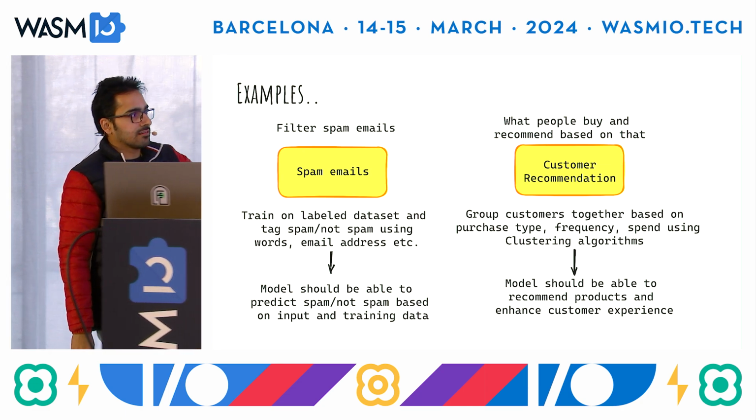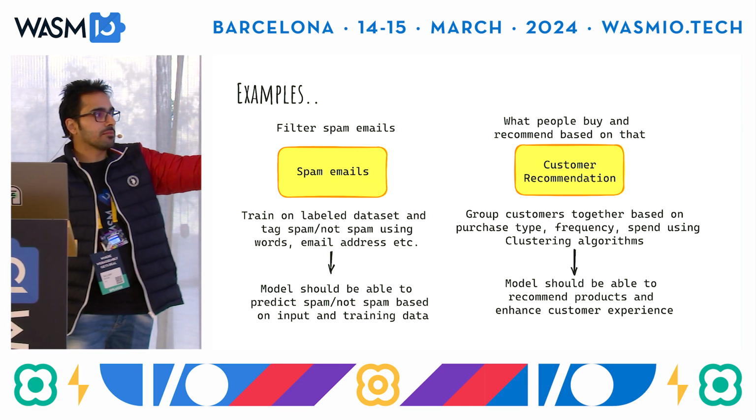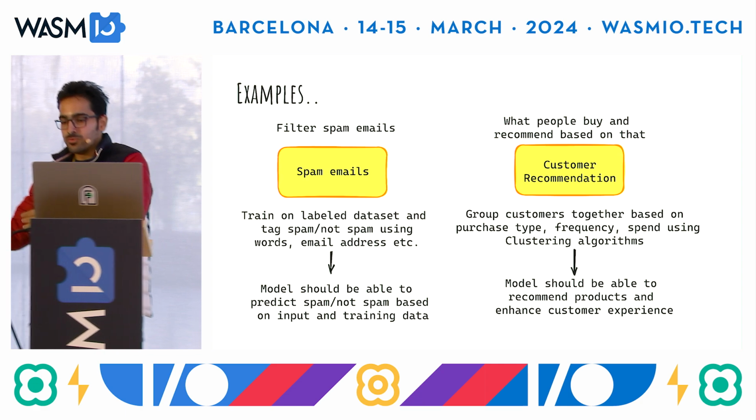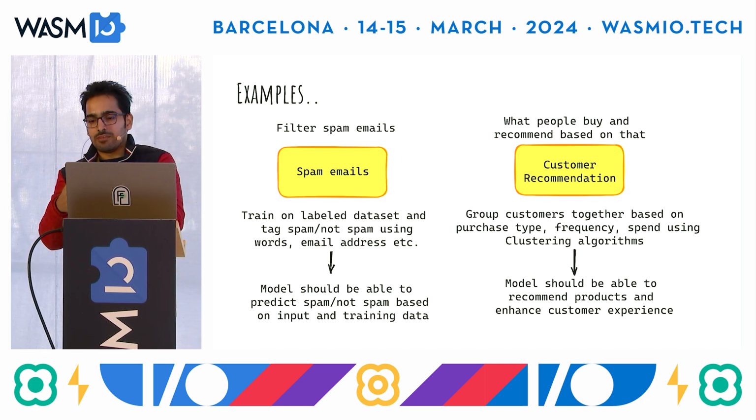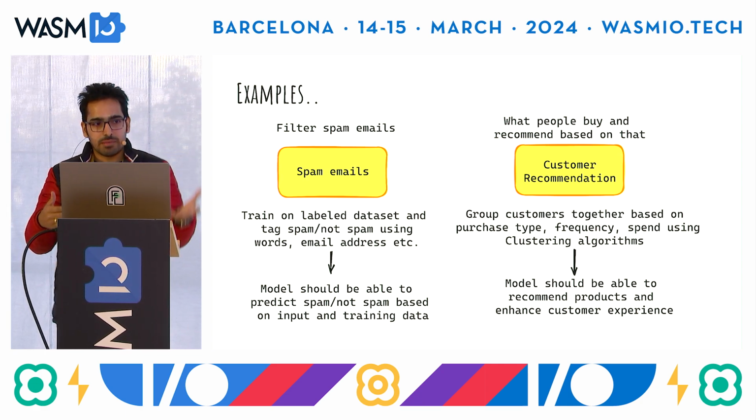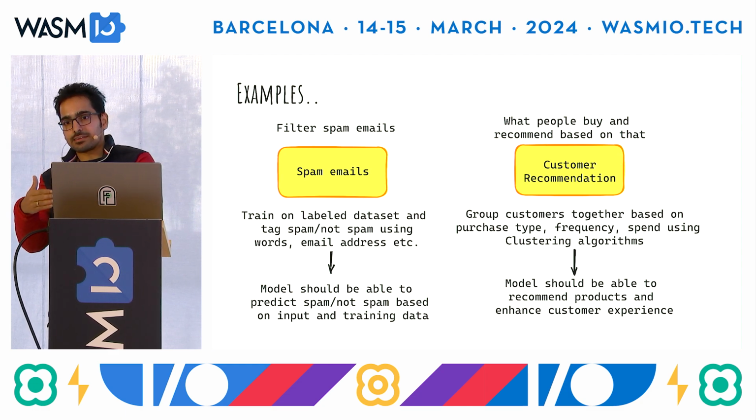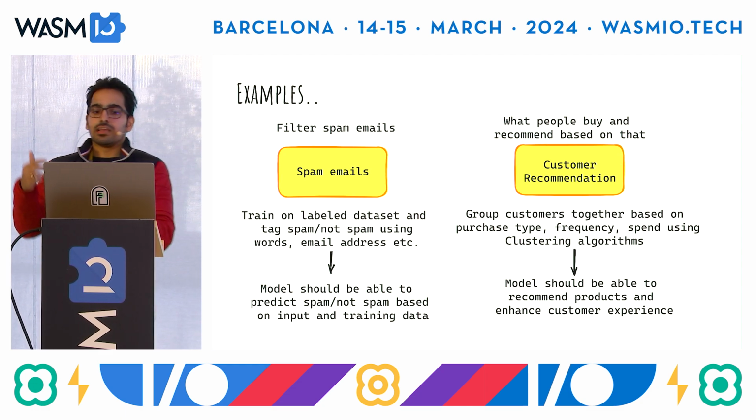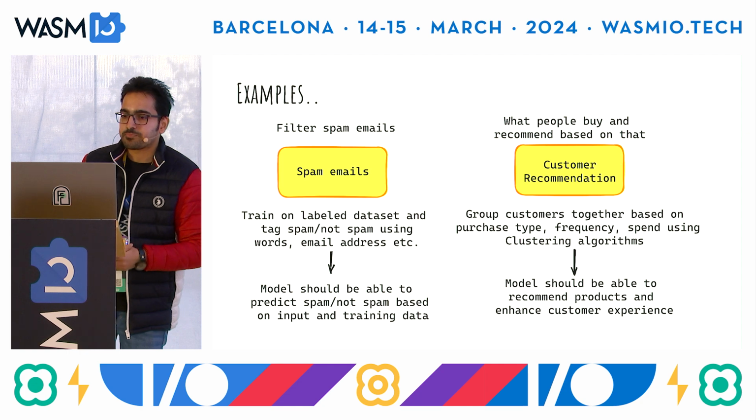That's how the training is done. In the end, the model is able to predict whether a new email that came in, which was not in the training data set, is spam or not spam.